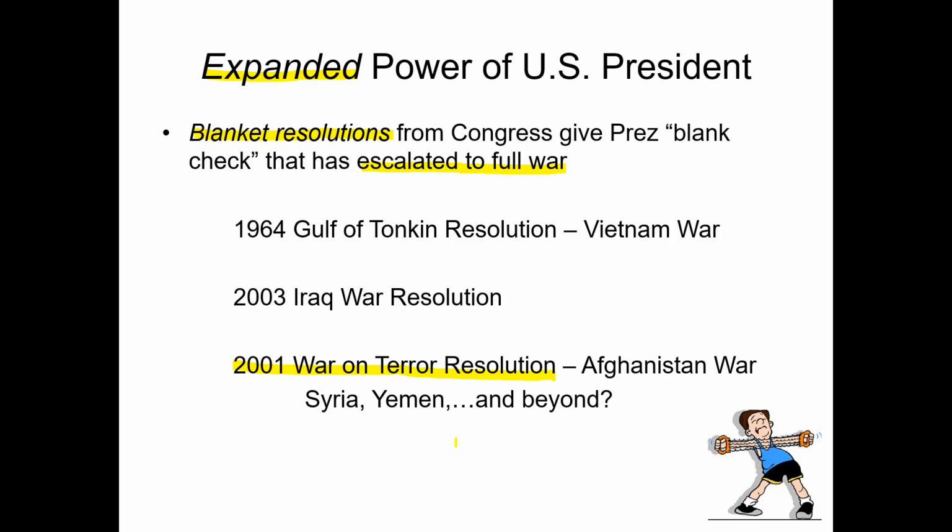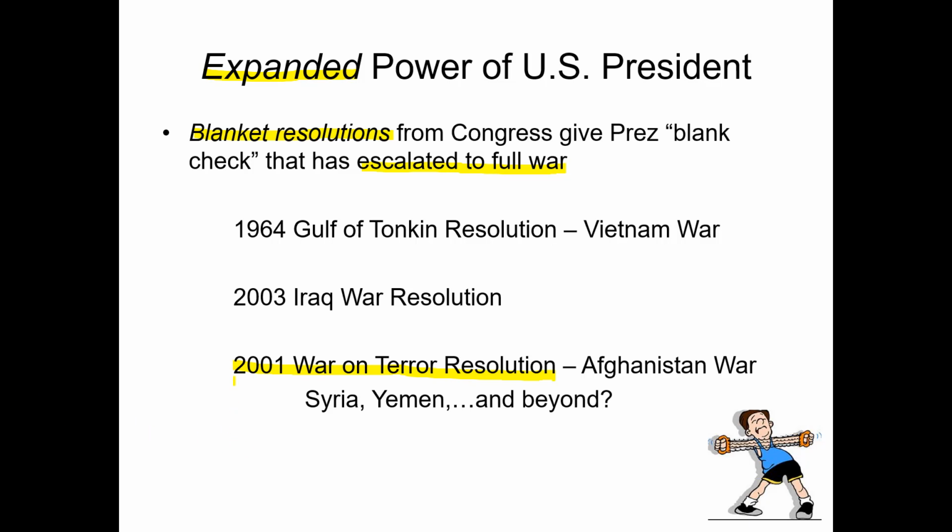Within a couple of weeks, it was virtually unanimous that we would go to Afghanistan to try to take care of the terrorist problem. It resulted in the Afghanistan war, which lingered for several years and we're still there with no real satisfying conclusion in sight.